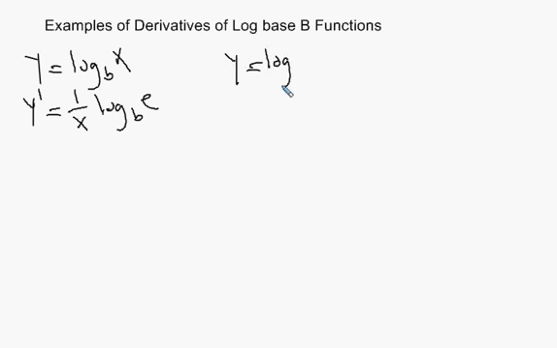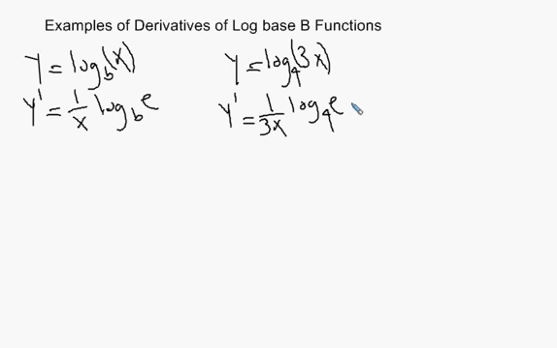So let's look at the function y equals log base 4 of 3x. According to this rule we have, y prime should be 1 over 3x, right? Everything inside the log, along with anything else that goes in there, times log base 4 of e.